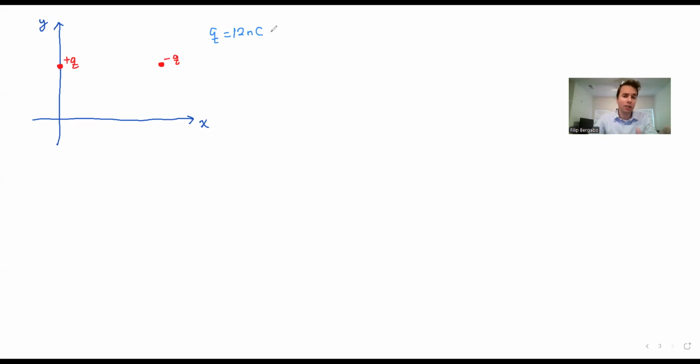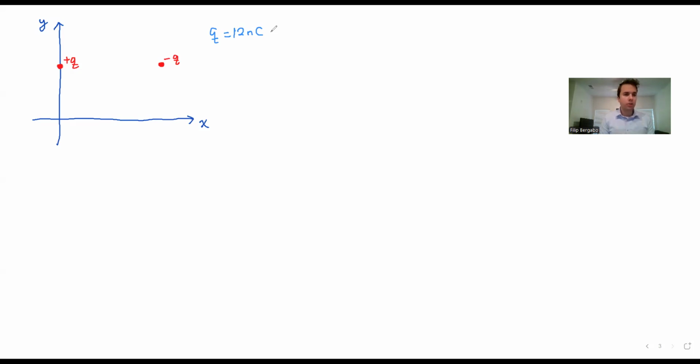So, of course, again, a nanocoulomb is actually still a fairly large amount of charge. It's much larger than the charge of a proton and an electron. So this is now not an individual molecule dipole. This is some much larger dipole where we have some balls that we've deposited a bunch of charge on somehow.